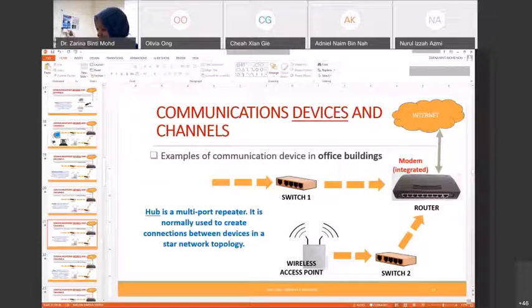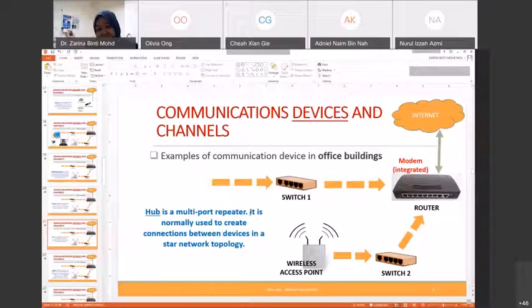Just now, a repeater only had two ports, one port for the signal coming in and one port for the signal coming out. But a hub is a multi-port repeater, which means it has more ports. So that is the hub, basically.